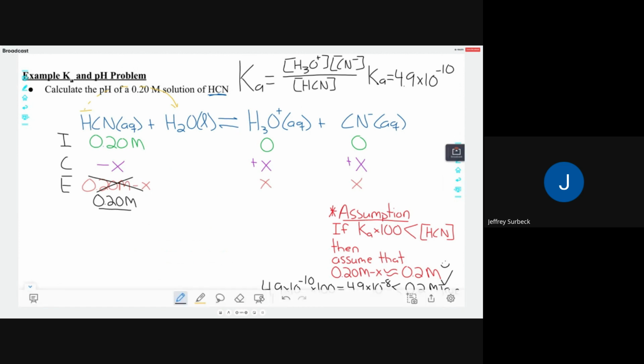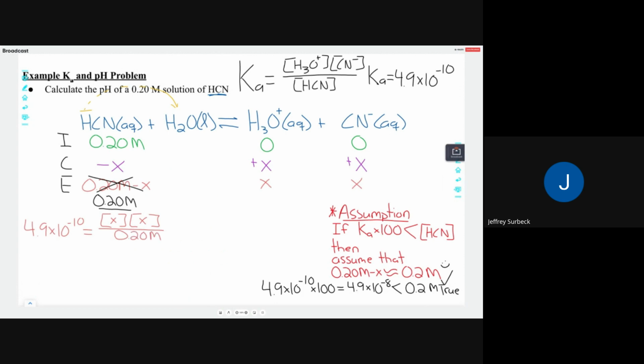But here we go on this, okay? Ka, I'm going to write in pink, is going to start out, and we're going to copy and paste this number. So we're going to say 4.9 times 10 to the negative 10th equals X times X, all divided by, remember, we can just use 0.20 molar.